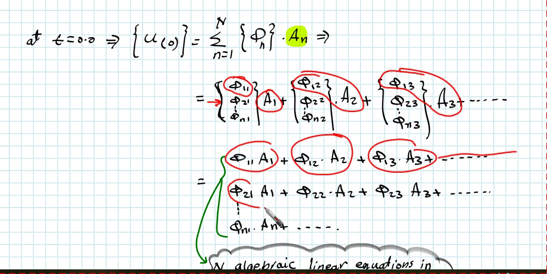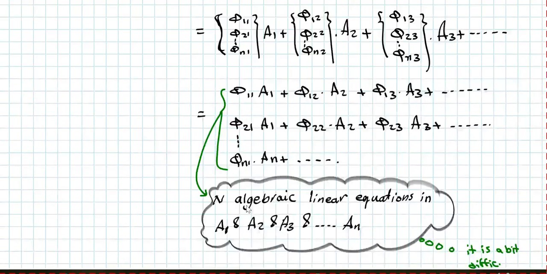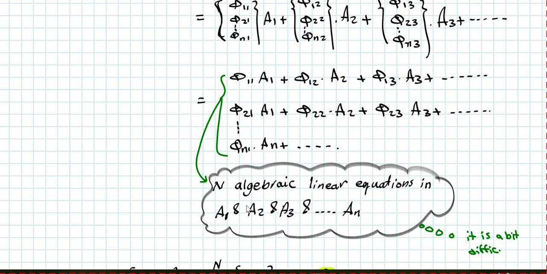It is going to give us these values. This is really long, right? We are going to find that we have algebraic linear equations in a1, a2, a3 until an. What do you think about this? Yes, as you're expecting, it is a bit difficult.